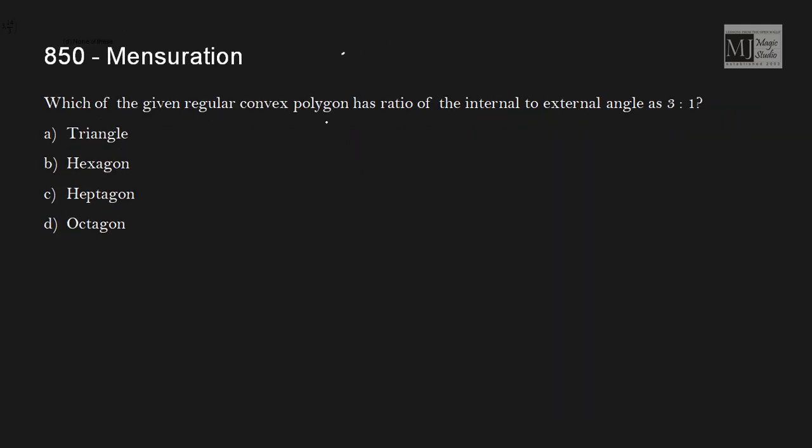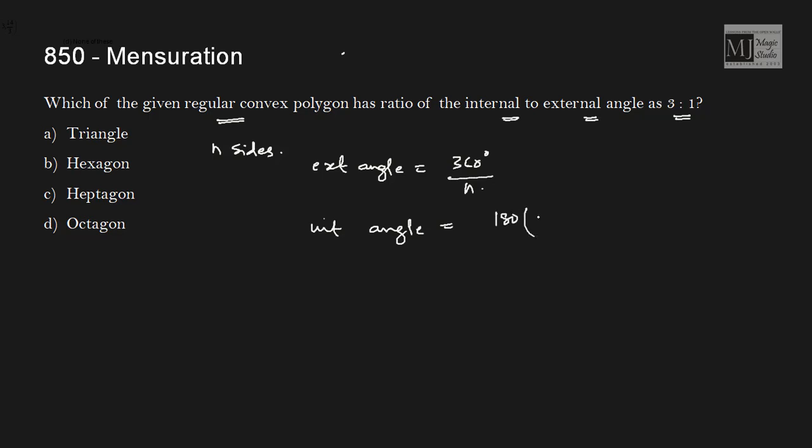Which of the given regular convex polygons has a ratio of internal to external angle as 3:1? Now suppose we have a regular convex polygon of n sides, then each external angle is given by 360 degrees by n. Internal angle is given by 180 into n minus 2 by n. You can easily derive this because interior plus exterior is equal to 180 degrees.